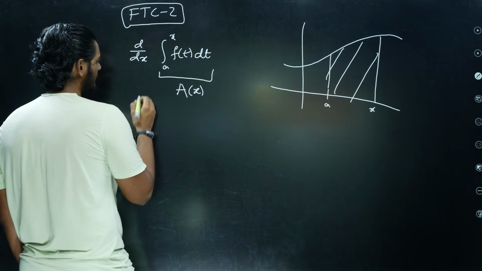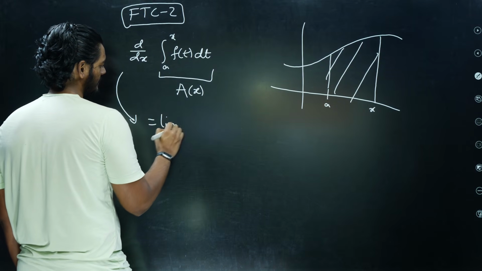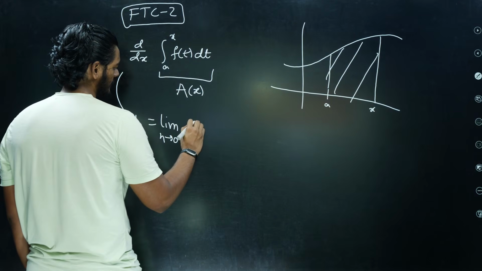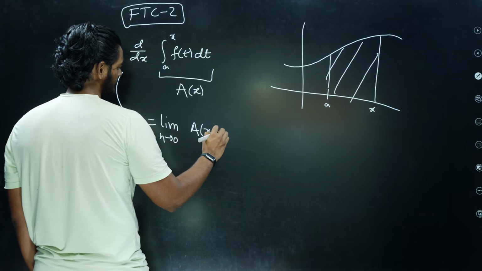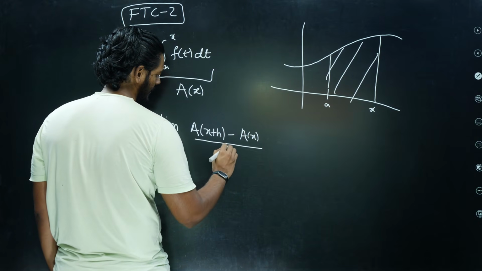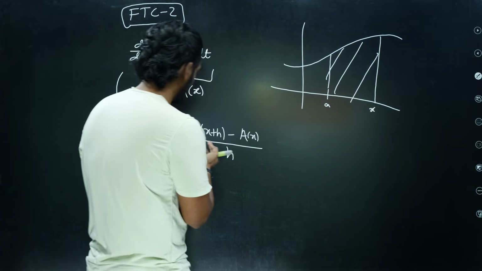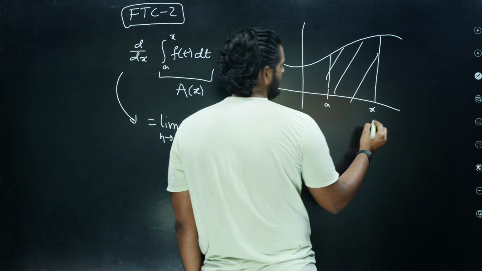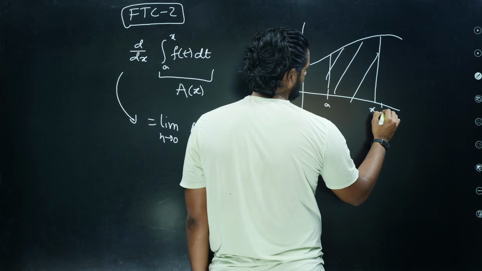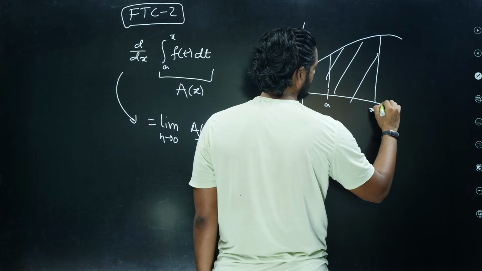If you remember, differentiation is equal to the limit as h tends to 0 of A of x plus h minus A of x, divided by h. So what is A of x plus h? If I take the area till x plus h, it's a very intuitive proof.